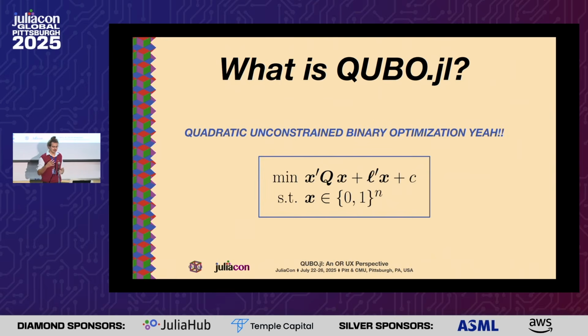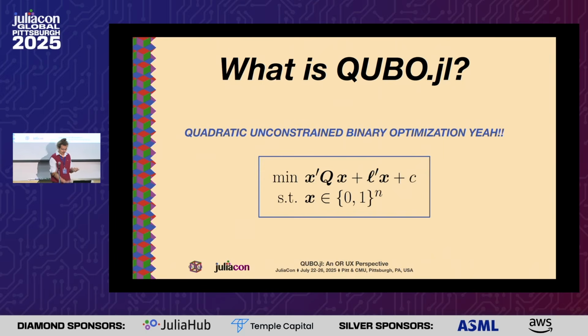In a certain case, because it is the simplest non-trivial mathematical model, so to say, because you have only binary variables, you have no constraints, and your objective is quadratic, because if it was linear, it would be too simple. So it can, in fact, encode many types of problems that are known to be NP-hard.